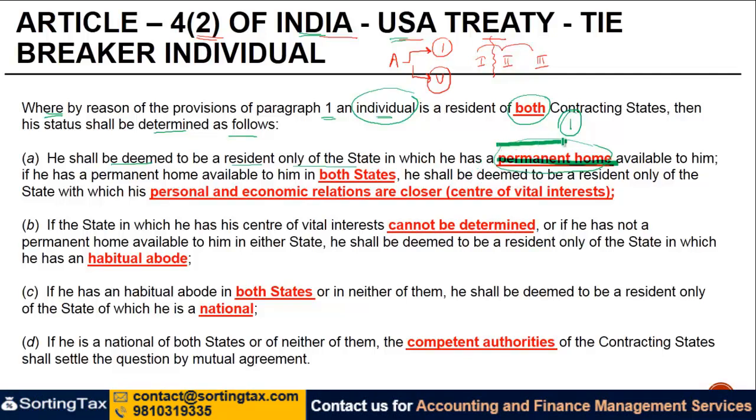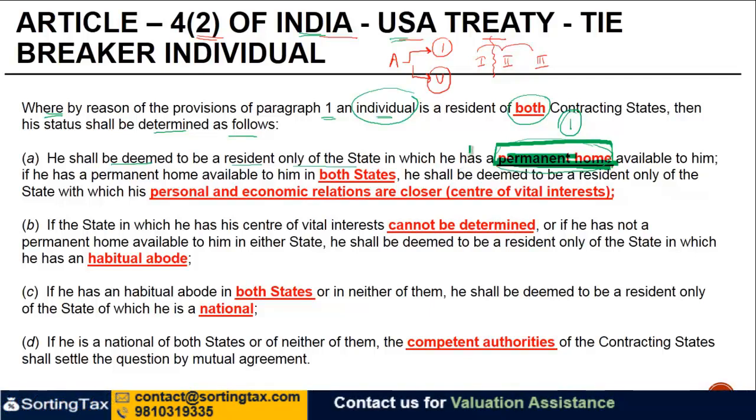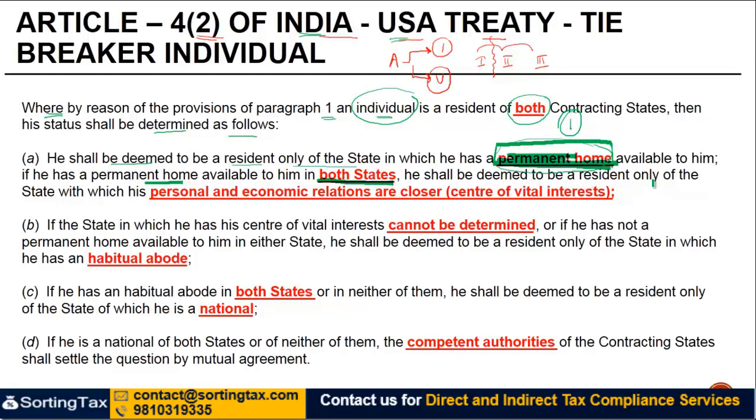Now, while we will discuss what the permanent home criteria is, what you need to note here is that the word used is permanent, right? And permanent, as you all understand, means something which is from a longer term perspective. If he has a permanent home available to him in both states, which means India and US, he shall be deemed to be a resident only of the state with which his personal and economic relations are closer.